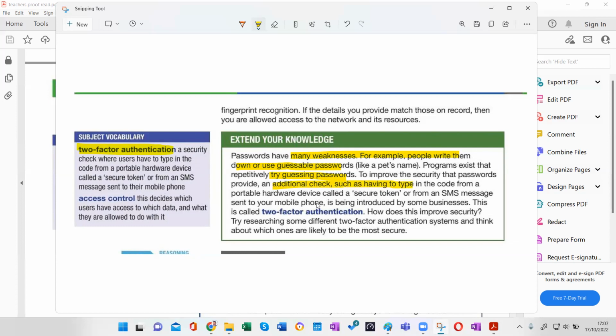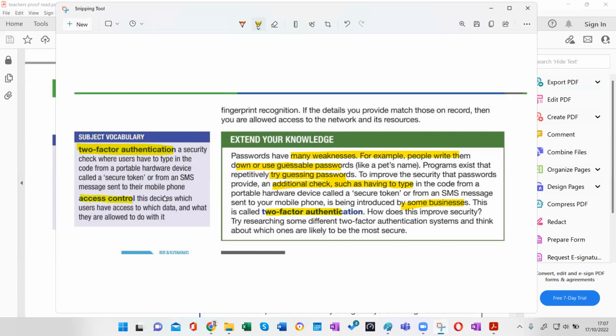In Google, of course, you see they ask the question, did you just sign in? And they say yes. Being introduced by some businesses. This is called two-factor authentication, right? Additional security step. And it's important that you apply this to all your accounts.